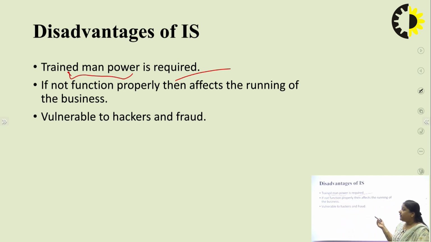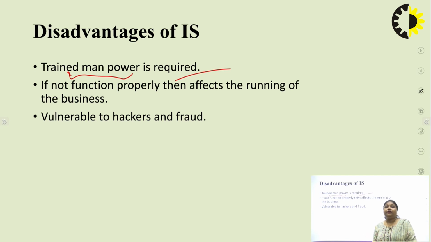If the manpower is not trained, maybe he can delete some data accidentally, or in illiteracy he can delete some important data. So it is very important that whoever works on the information system should be trained. So trained manpower is always required.